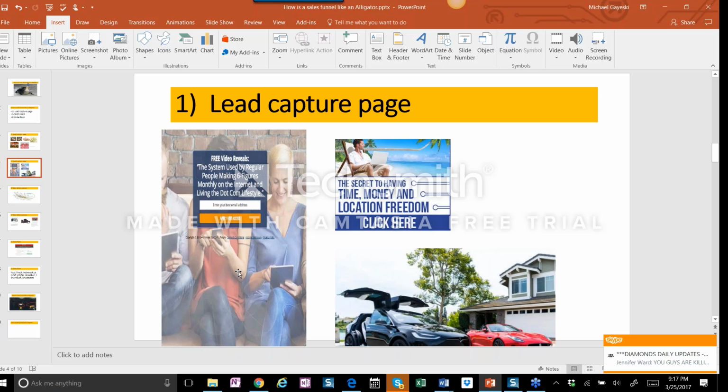You create the food, and the food are your capture pages. You might show fancy cars, someone sitting on the beach, or someone sitting on a bench with their laptop, a tablet, and a phone. These are what we call a lead capture page, and this is the food that feeds the funnel.